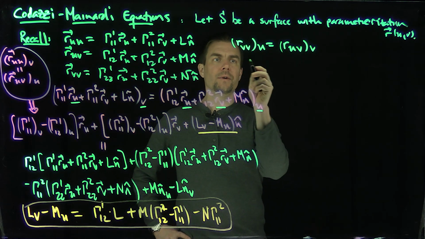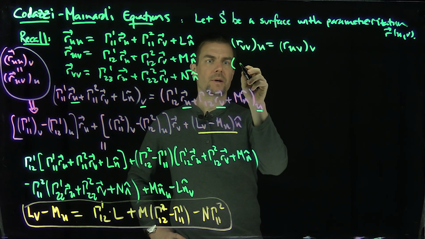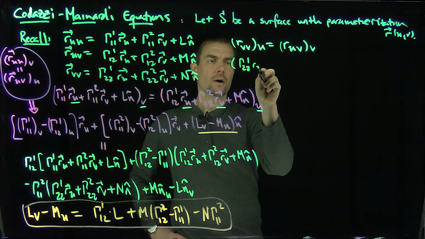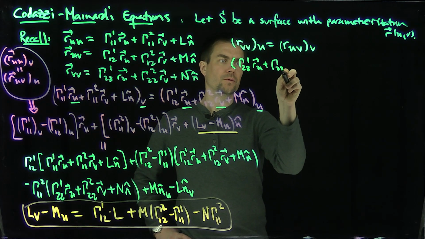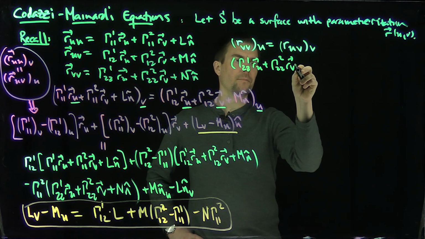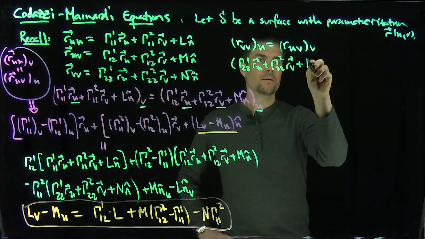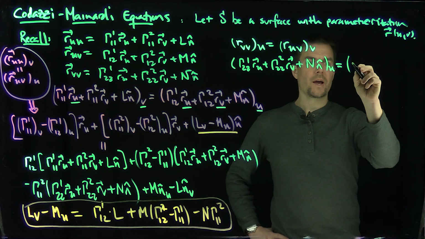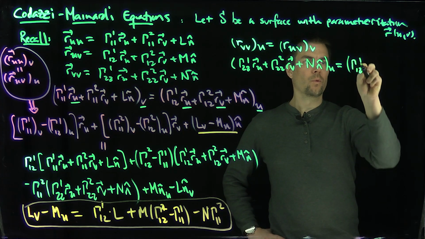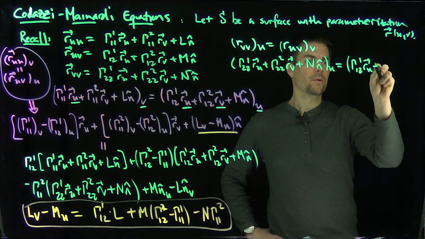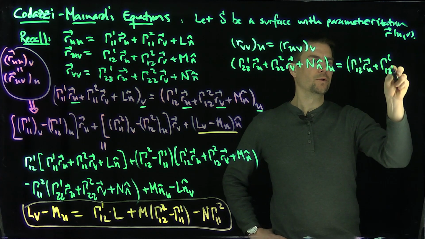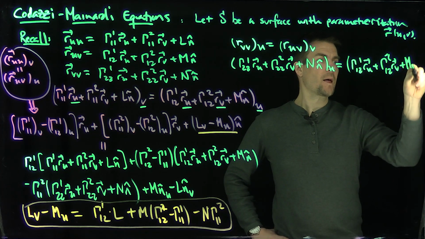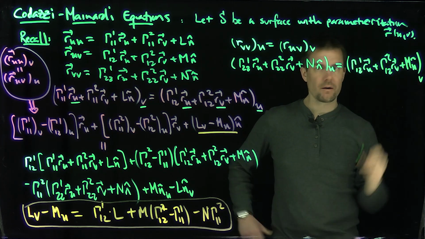So RUV is going to be a gamma 2,2 1 RU plus gamma 2,2 2 RV plus an N hat U is equal to what? It is equal to a gamma 1,2 1 RU plus gamma 1,2 2 RV plus an N hat, and that's in the direction of V.